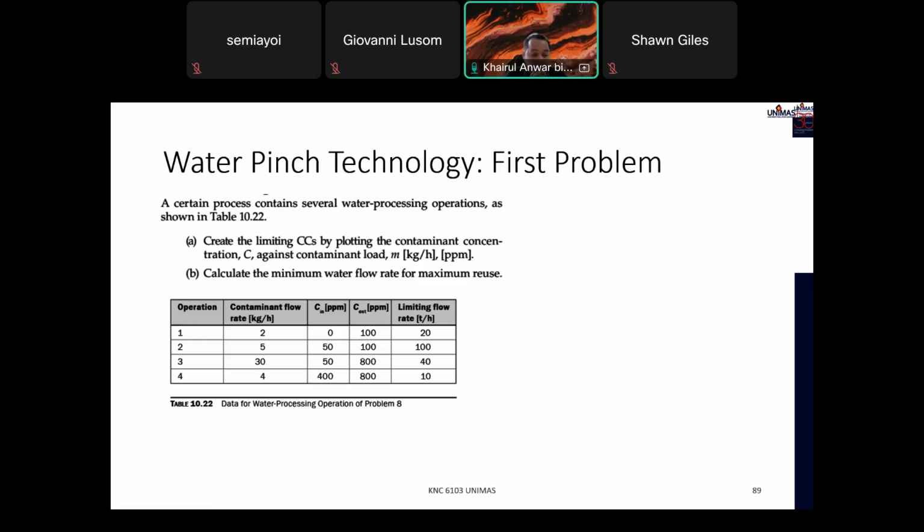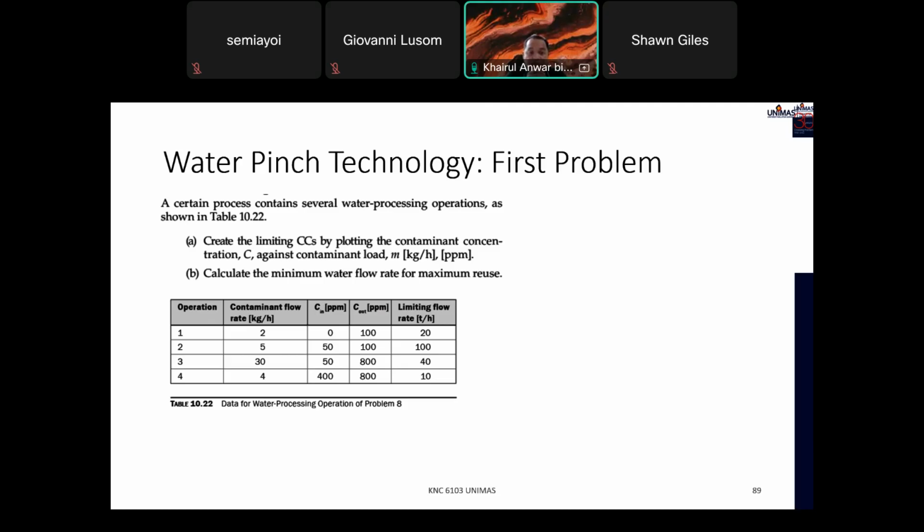Create limiting CC. So limiting CC equals limiting composite curve, against the limit M, in kg per hour.